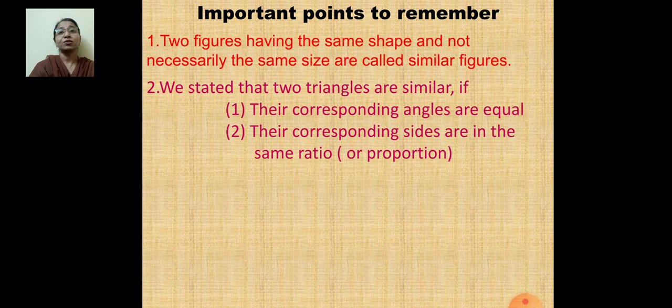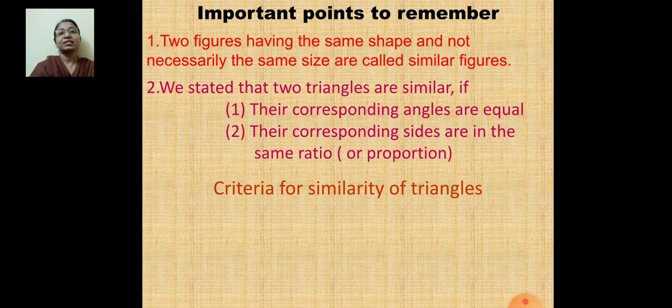But children, we have also seen it's not possible to get all 6 pairs of corresponding parts equal. So we have made an attempt to derive certain criteria, or certain minimum requirements, for any two triangles to be similar. So let us see what those criteria are.